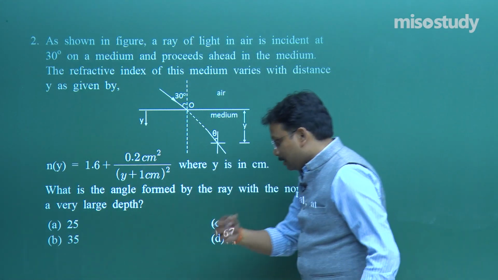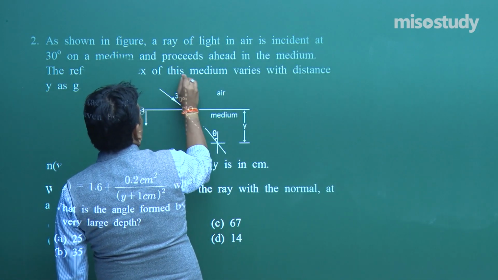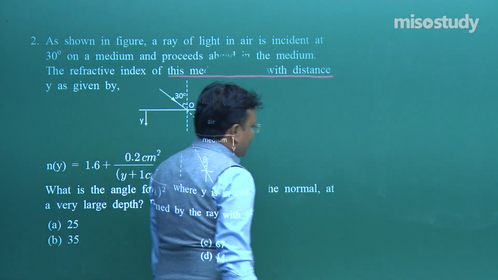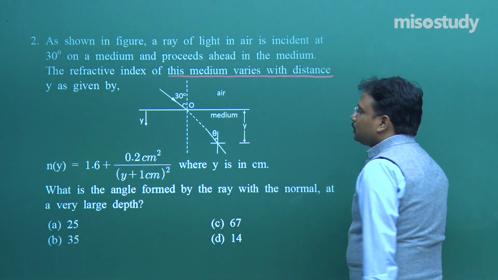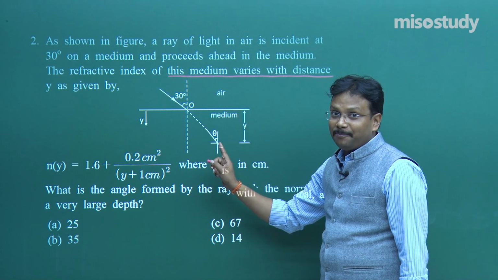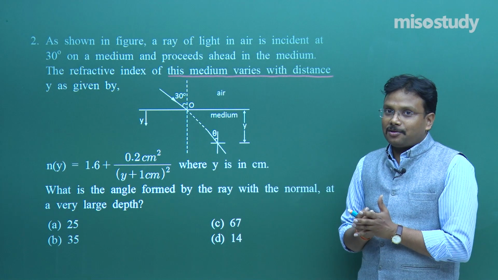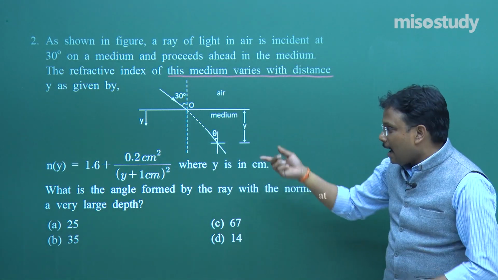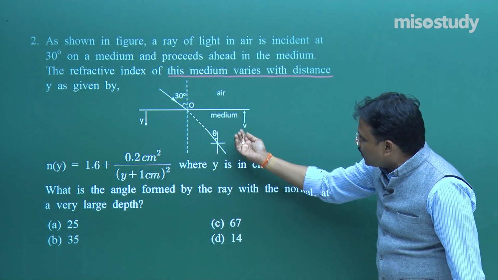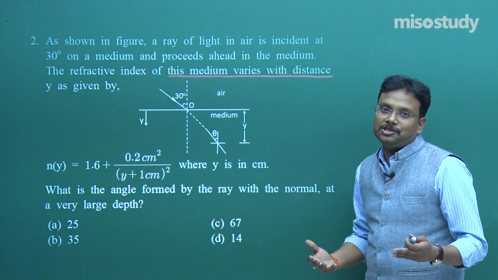Now, here let me use a red color chalk to show you something. The problem is this line. This medium is not isotropic. This is not an isotropic medium. This medium is varying its refractive index. That's a problem. And how exactly? This equation. As you keep on moving inside this medium, the refractive index keeps on changing.